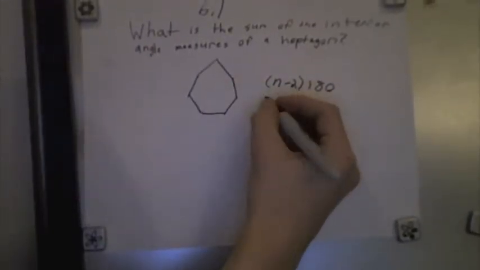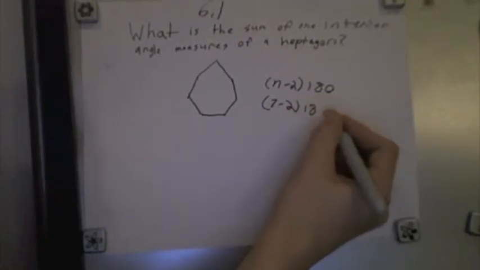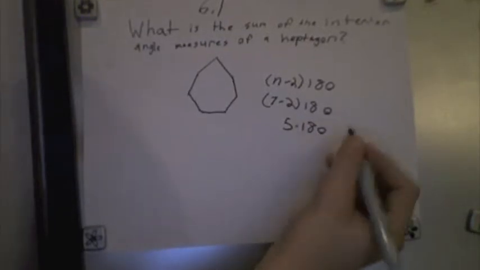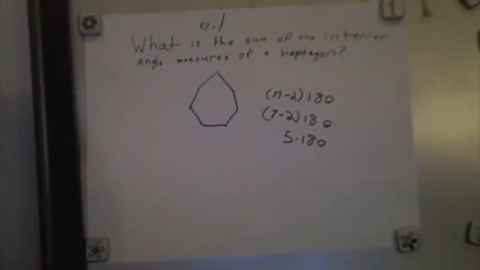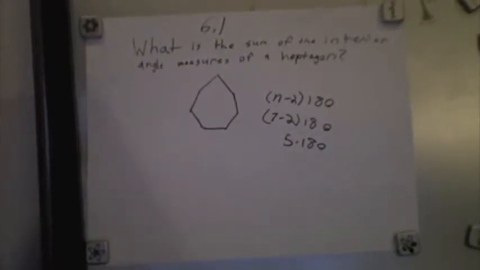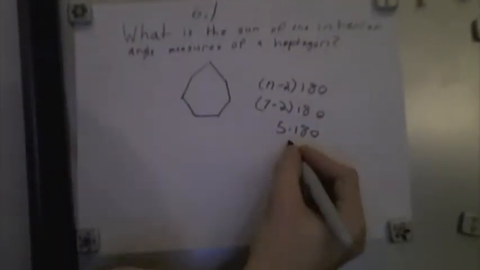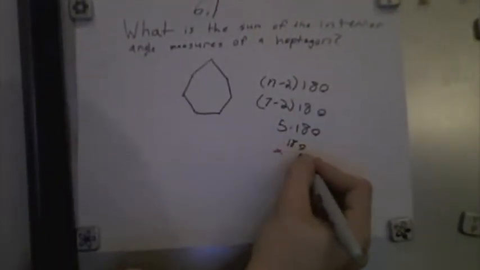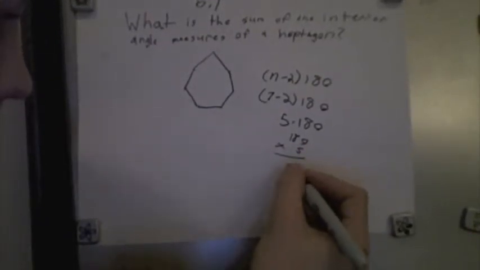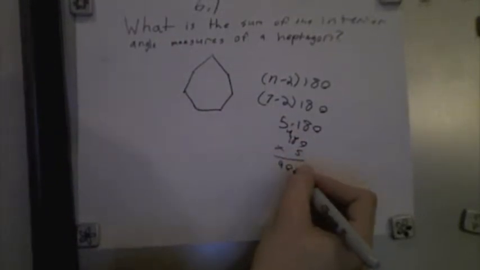The number of sides in a heptagon is 7, so 7 minus 2 is 5, times 180. 5 times 180 is equal to 900.